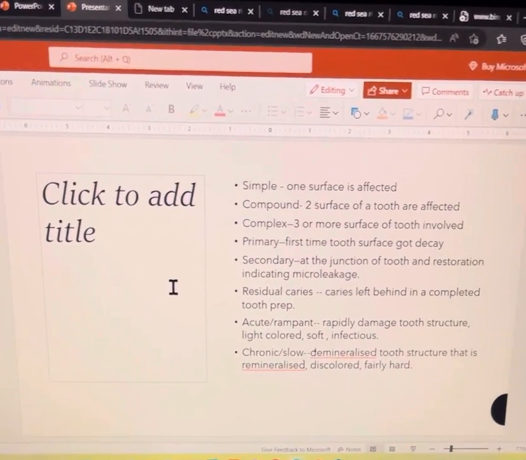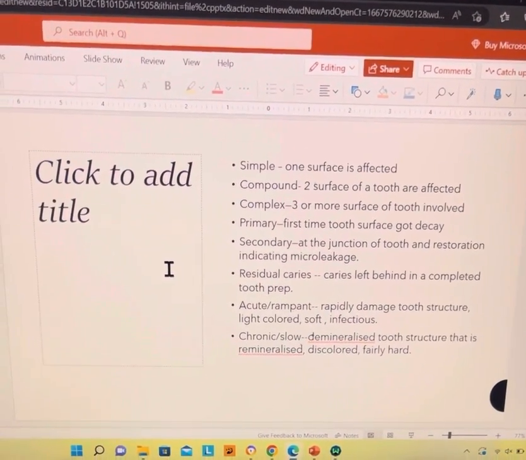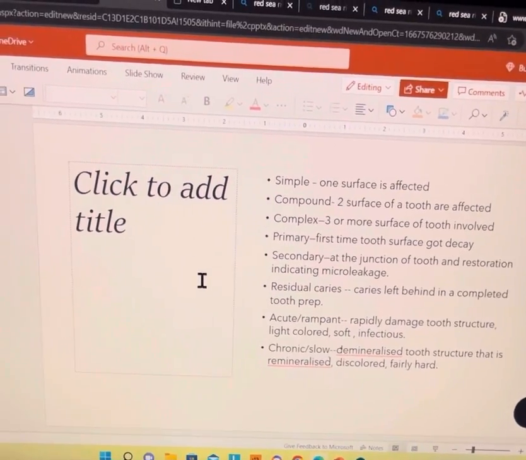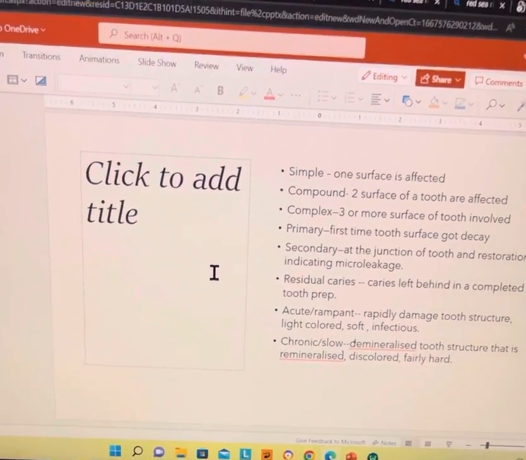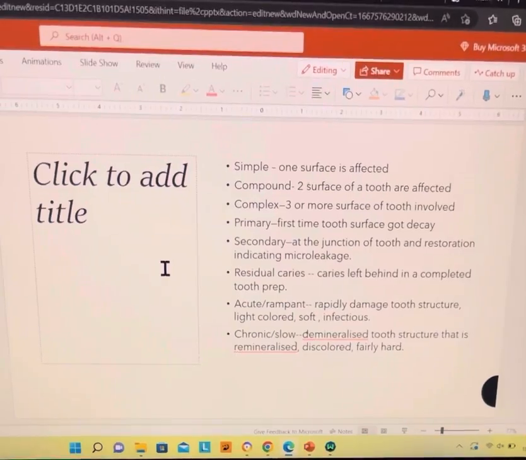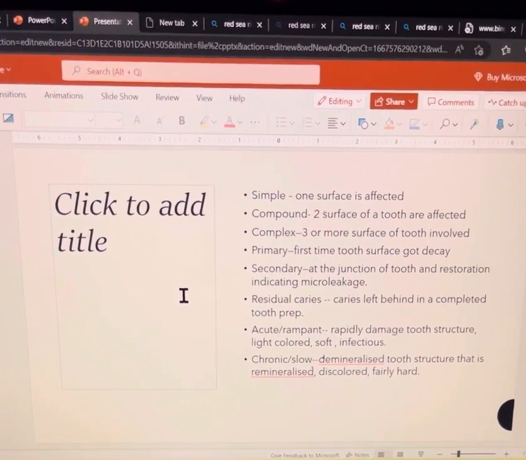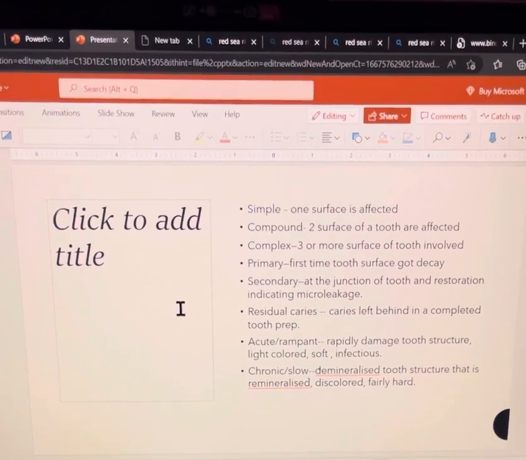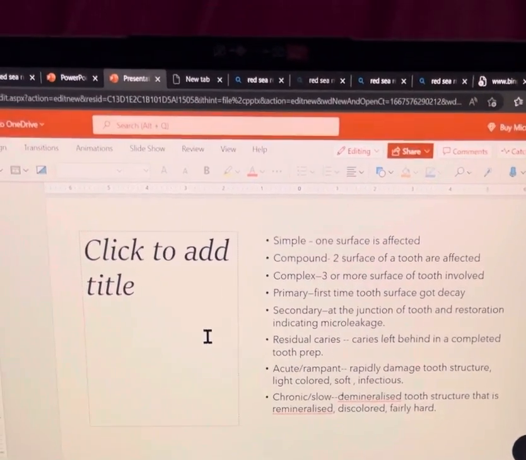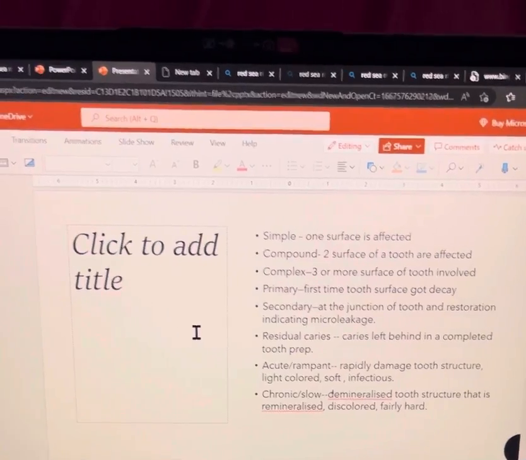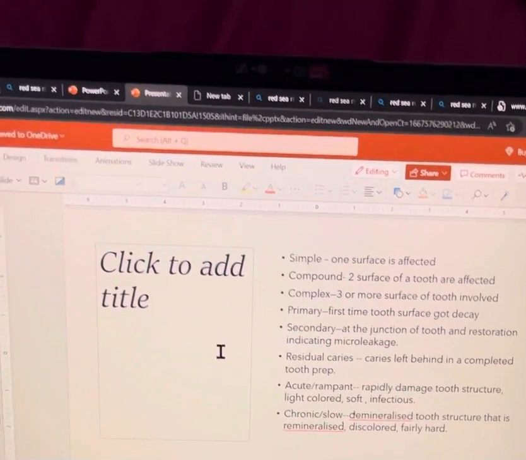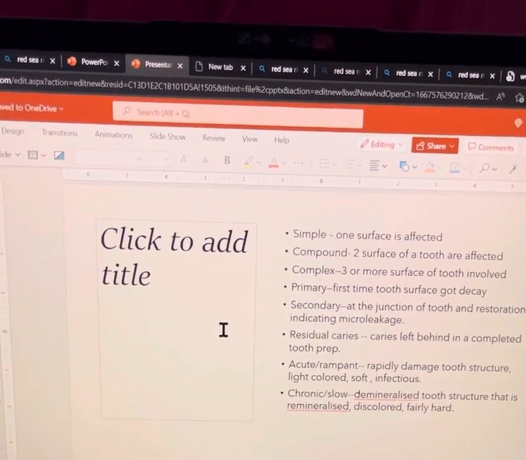And there is acute or rampant caries. Rampant is rapidly progressing, so rapidly it will damage the tooth structure. It is soft, it is infectious, it is light colored. Next is chronic or slow. Obviously it is damaging the tooth structure, but not very rapidly.